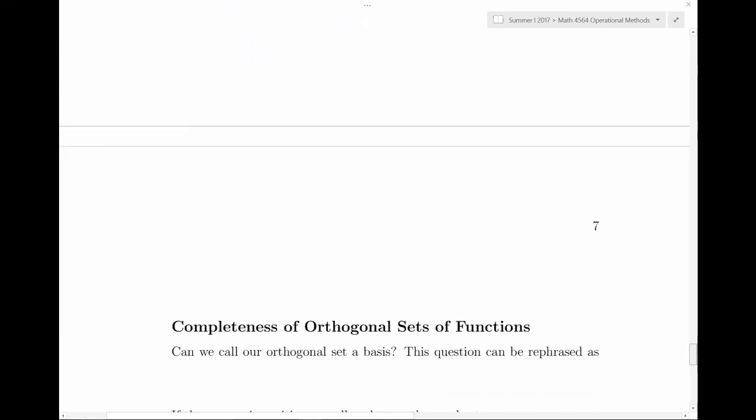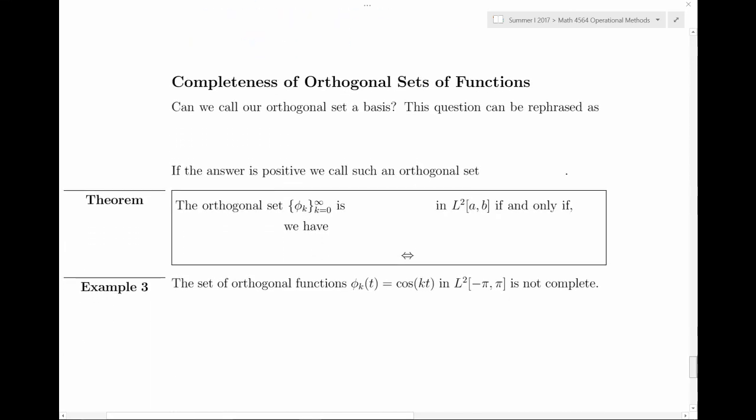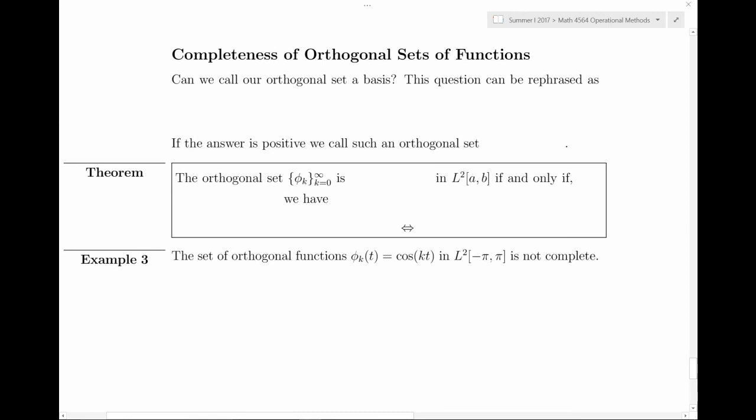One last thing that I want to discuss is the question of completeness of our orthogonal sets, and the way we create the basis to represent all possible functions in our space. If we have an orthogonal set, can we call it a basis?